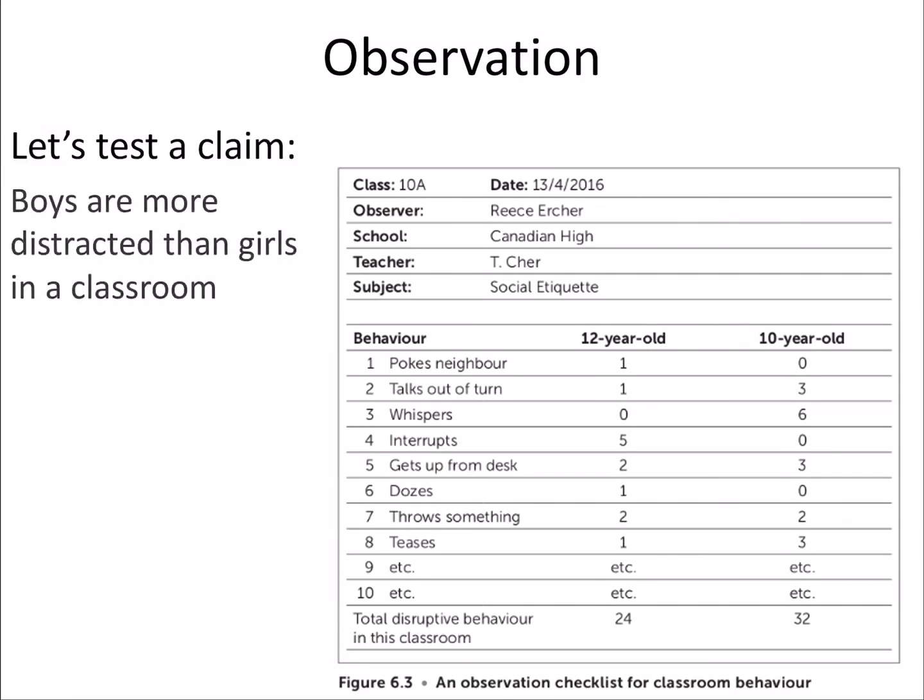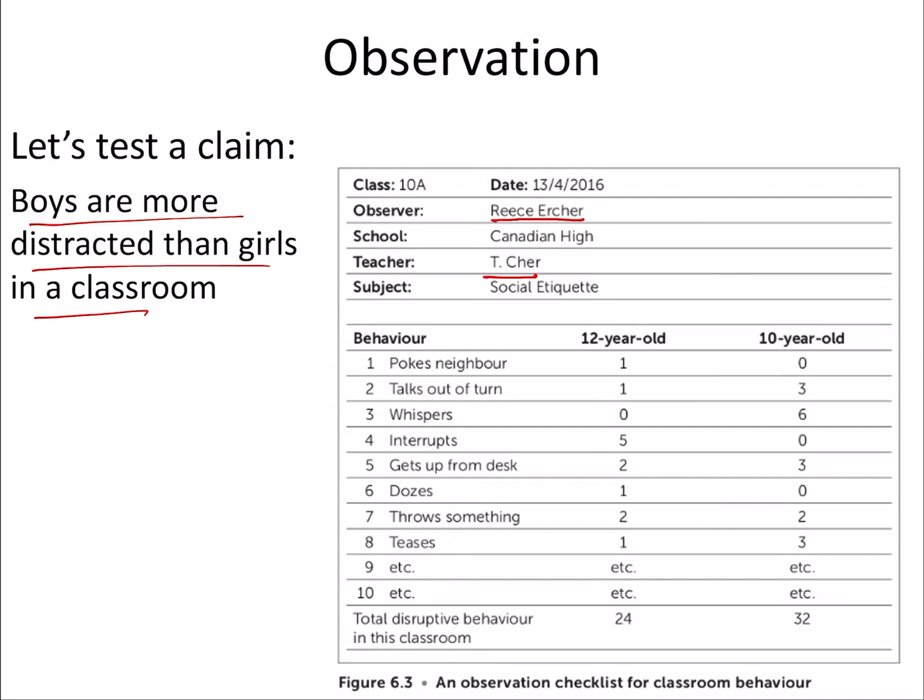So you can also observe for different things. We spoke about distraction in class. If we had a hypothesis that boys are more distracted than girls in the classroom, we can look at a checklist for classroom behavior. I really like how they worded it creatively. This is from your textbook. The researcher, and of course, the teacher's name is T. Scher.